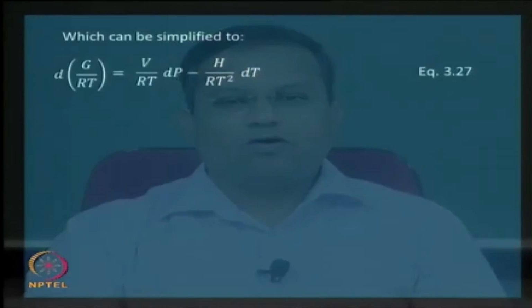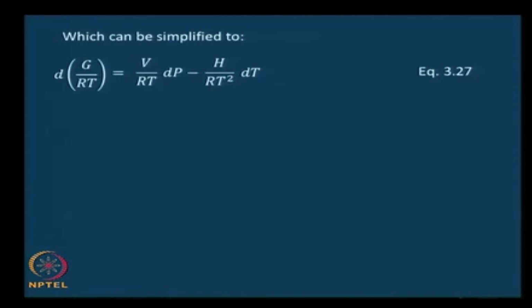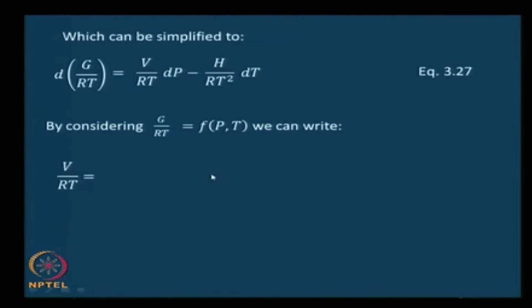We started considering G by RT, and then from G by RT we got the other 4: U, S, H and A. Let us go through it once again for completeness. We saw that by considering G by RT as a function of pressure and temperature alone, we could get V by RT as dou of G by RT by dou P at constant T, which is what is here, and H by RT as minus H by RT squared.